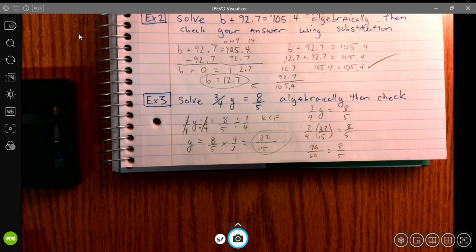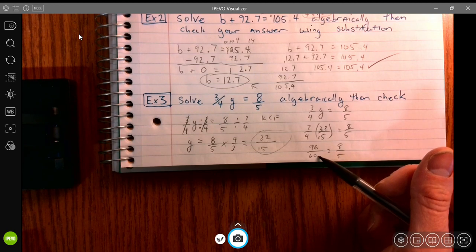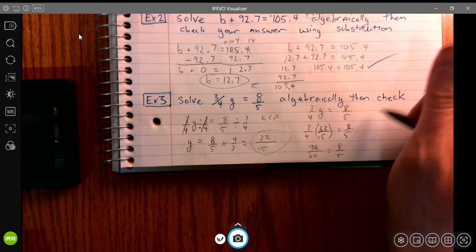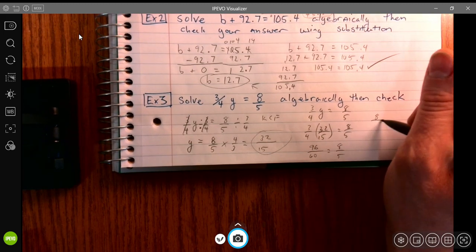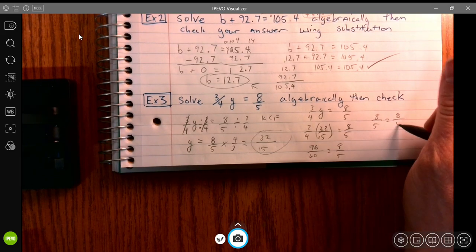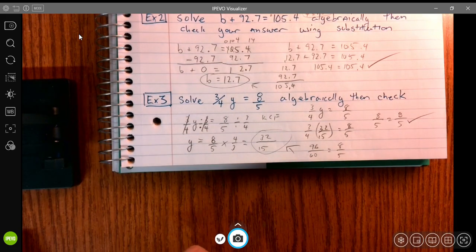I think 12 goes into both 96 and 60. Okay, so 96 divided by 12 is 8. 60 divided by 12 is 5. Is 8 over 5 equal to 8 over 5? It sure is. So we know that that is indeed our answer.